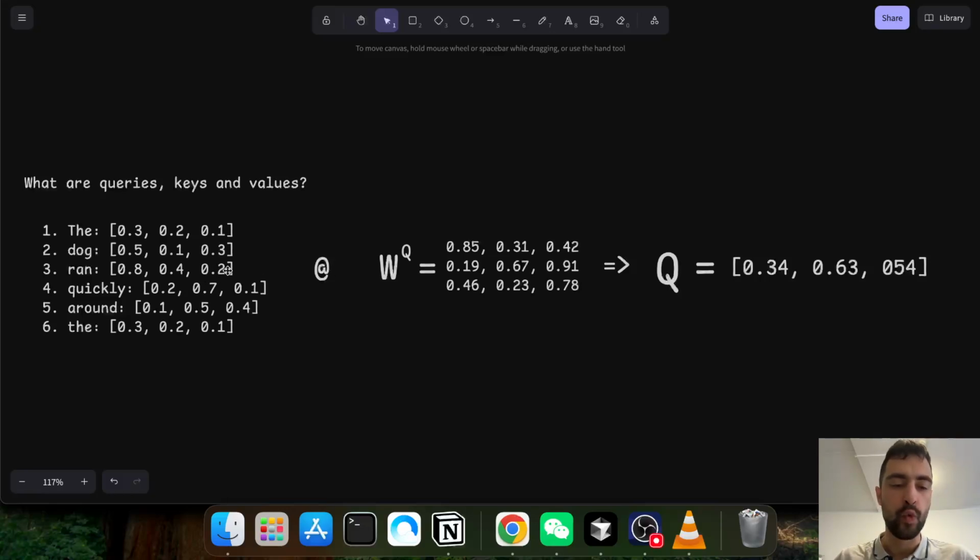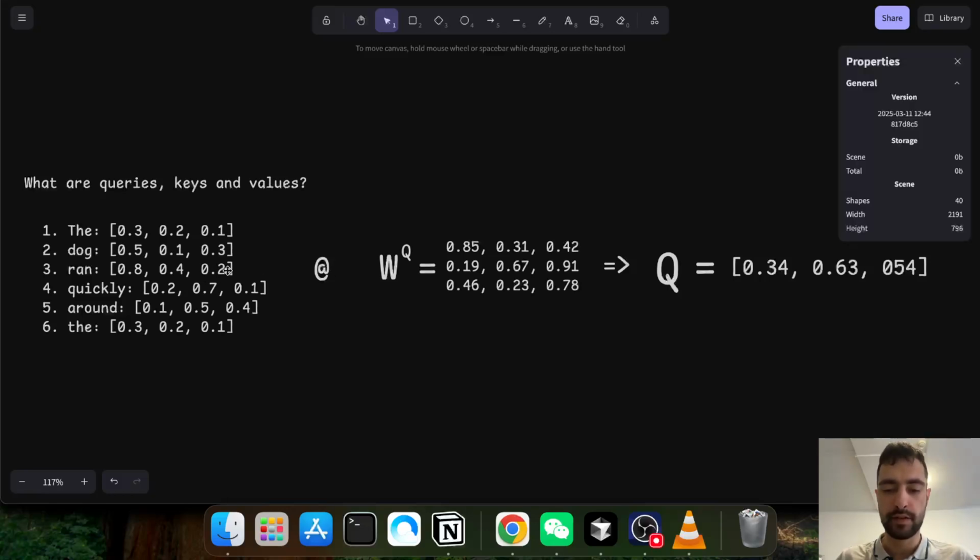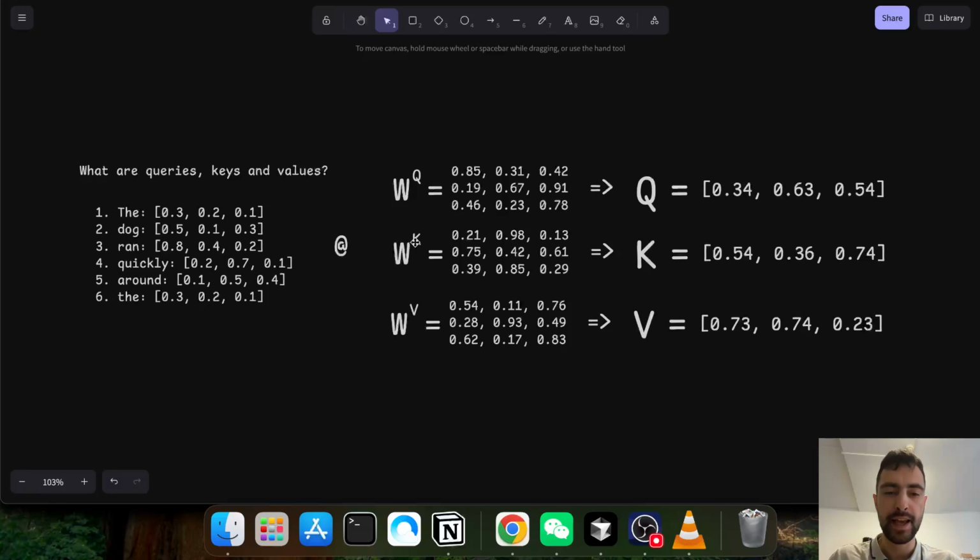So we will do the same for key and value. We will have these two new things that you may not really understand, that I will explain. So it's called key and value, and they have their own separate matrices, and both of these matrices are always the same.